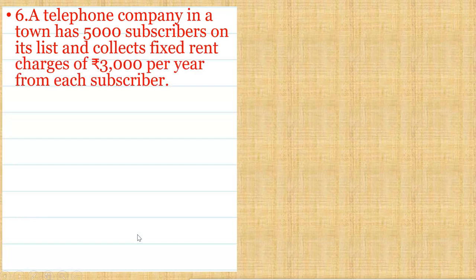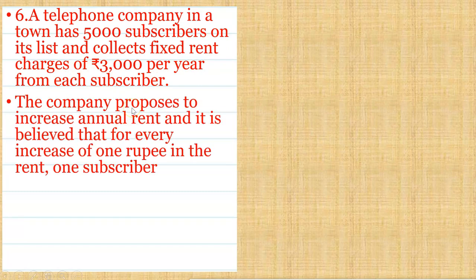Problem number 6. A telephone company in a town has 5,000 subscribers on its list and collects a fixed rent charge of 3,000 per year from each subscriber.